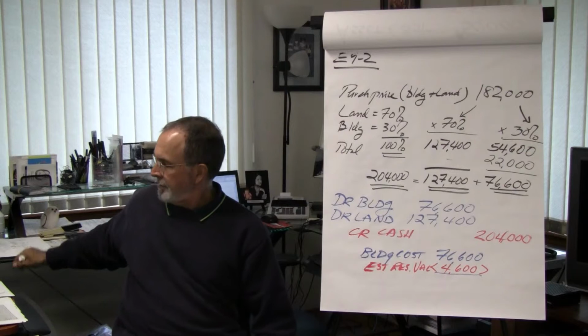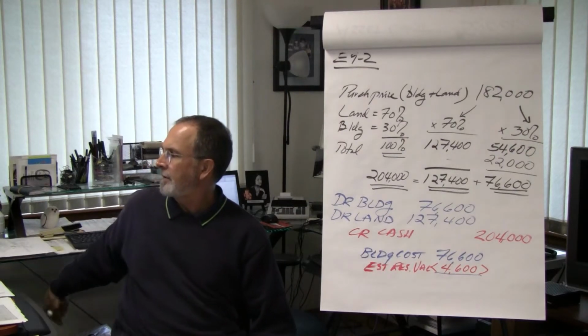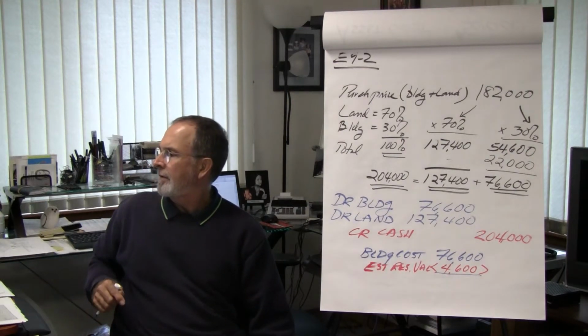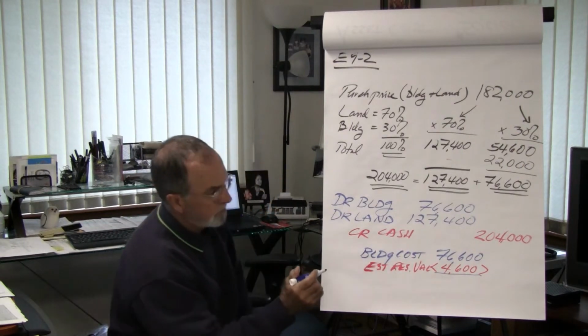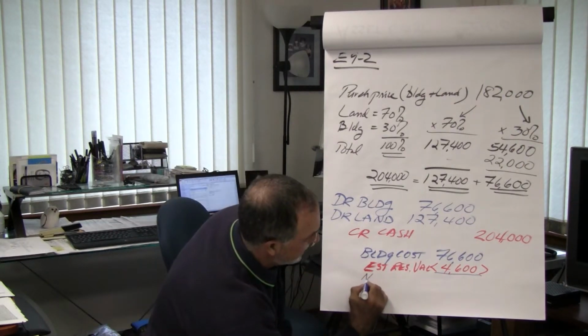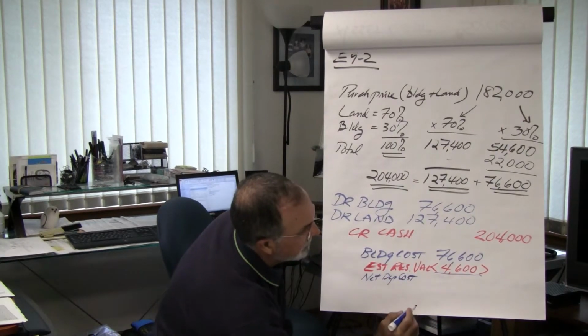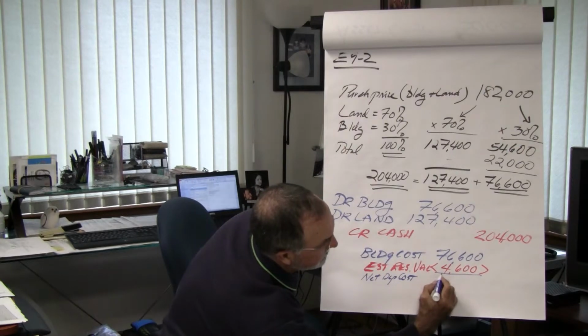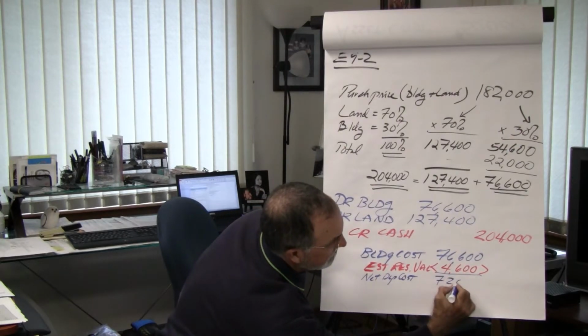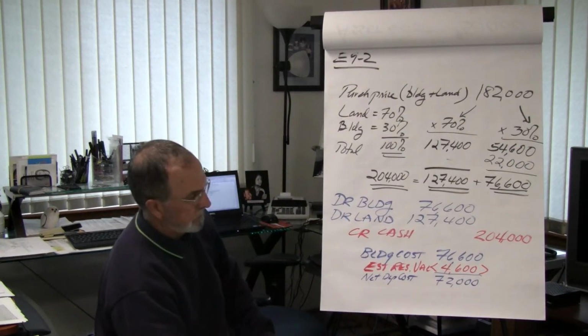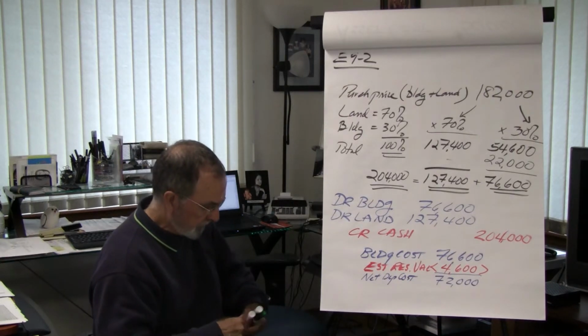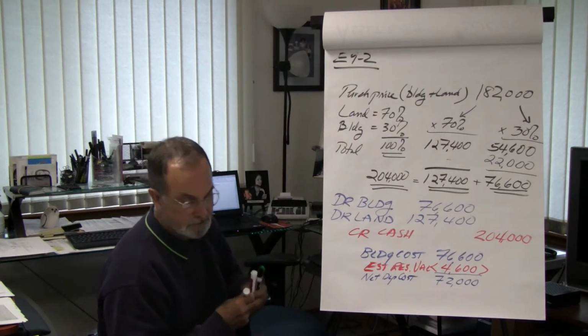We want to check our figures here that we're on target. That brings us to a net depreciable cost of 72,000. And then our estimated useful life is 12 years.